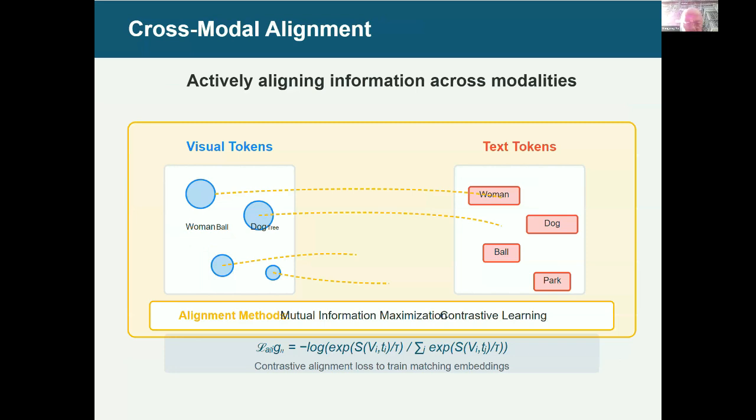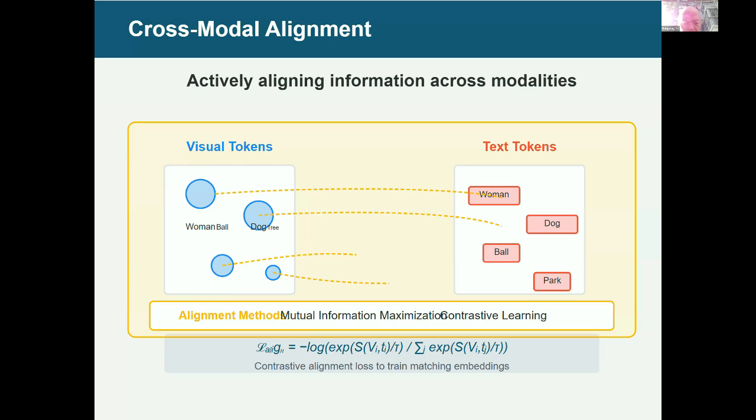And then this is about the cross-modal alignment. The third component focuses on actively aligning information across modalities. As you can see in this visualization, we incorporated contrastive learning objectives and mutual information estimators that promote correspondence between visual and linguistic tokens.